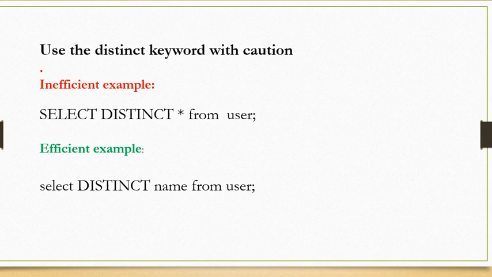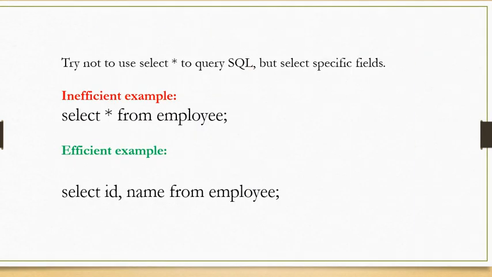Okay. So the next one is, try not to use select star to query SQL, but select specific fields. Look at the inefficient example here: select star from employee. The efficient example is select ID, name from employee.